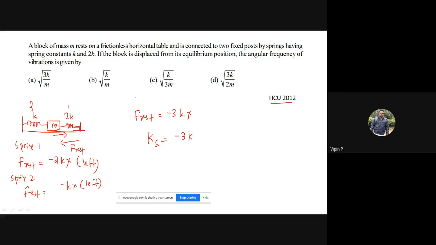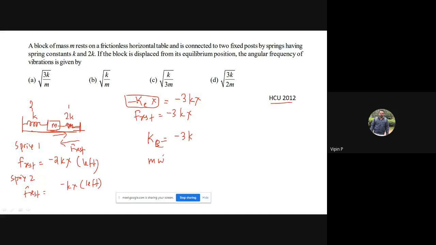Because the total restoring force can be written as minus Ke times x. So this equation is the equation for the combined spring system, where Ke is the effective spring constant. Now, if you compare these two, I can arrive at the conclusion that Ke is equal to 3k.